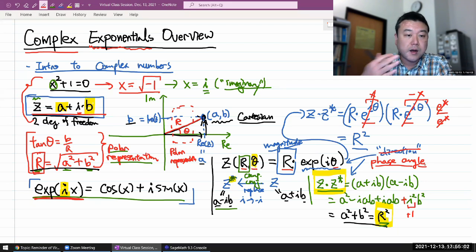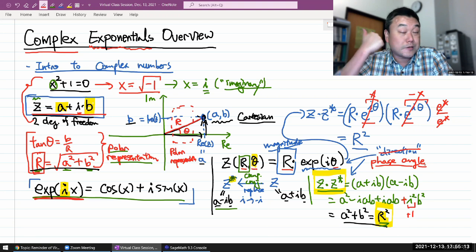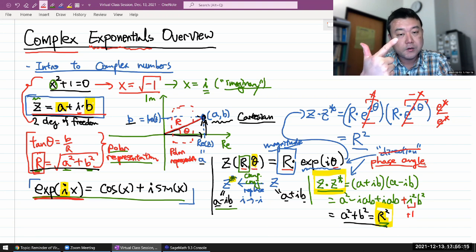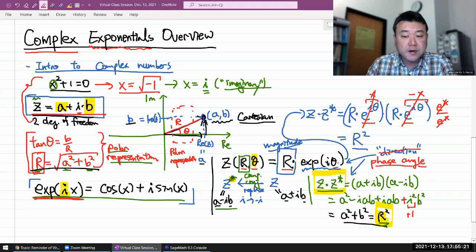This is why complex exponentials become so useful when we are dealing with either an oscillating LC circuit, an oscillating RLC circuit, or the driven AC circuit. In those scenarios, the representation of the phase angle is so naturally built into this complex number representation.